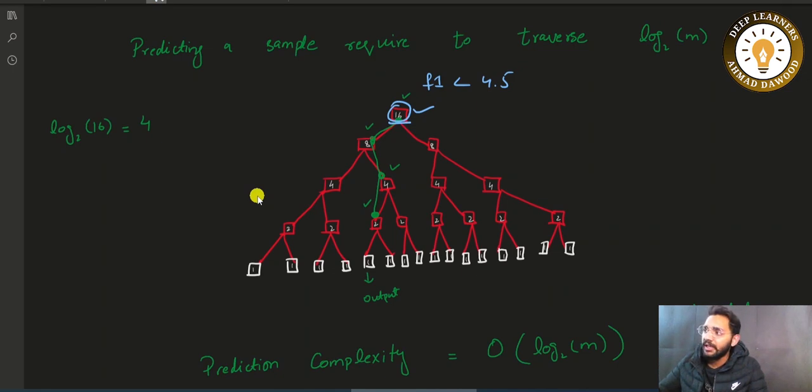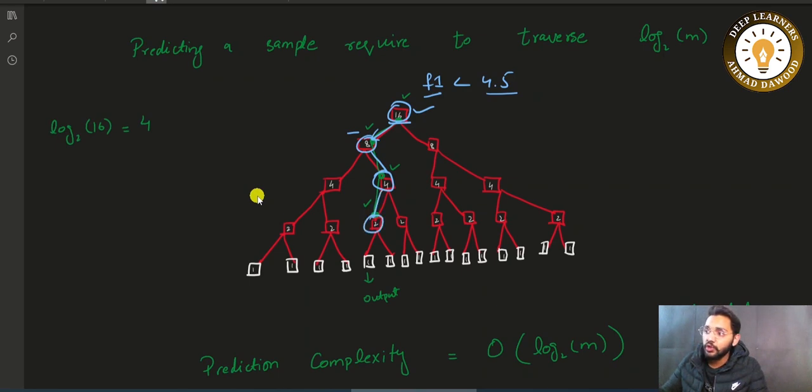So whatever data comes, it will first see what value of f1 that incoming data point has. If the value of the new data point is less than 4.5, then it will move towards the next decision rule. Again it will check one value that is present there as a decision rule, and on the basis of that value it will move further down to the next node. Then again it checks the decision rule and moves towards the next node.